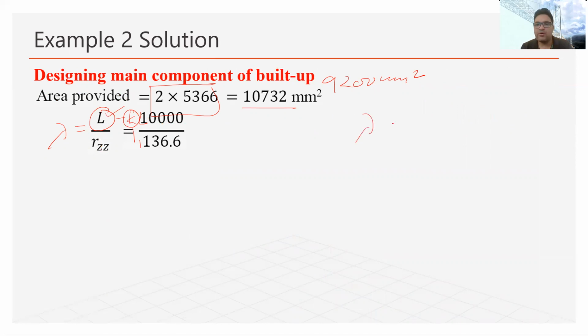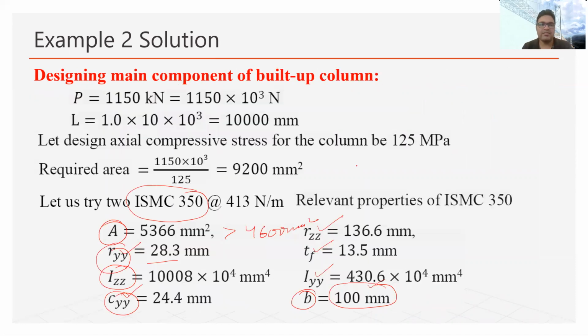generally when we find out lambda, it is L by R minimum, but here R minimum technically should be the RYY, but what we are doing is we are taking this one as the minimum value. Why? Because of the condition IS code has mentioned that RYY should not be less than RZZ.